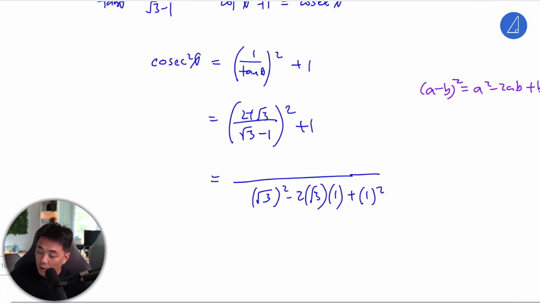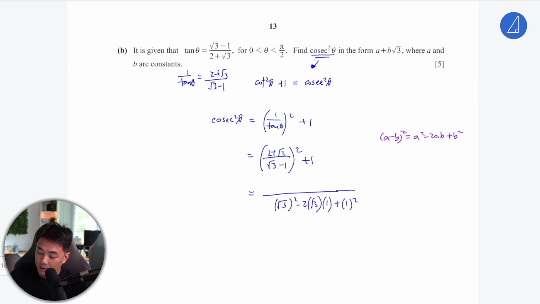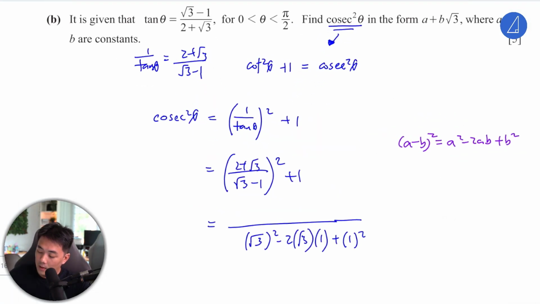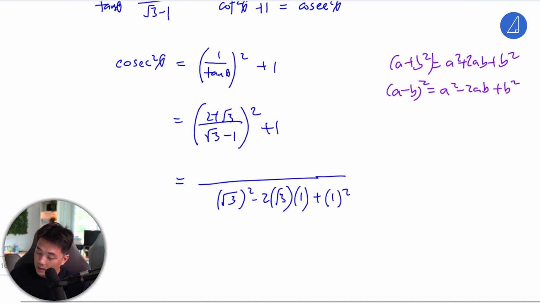Then similarly for the top, we will use the a plus b squared formula. The expansion here will be a plus b squared is equals to a squared plus 2ab plus b squared. So here, what we'll get is a plus b squared.